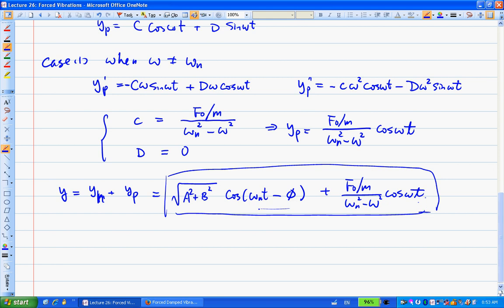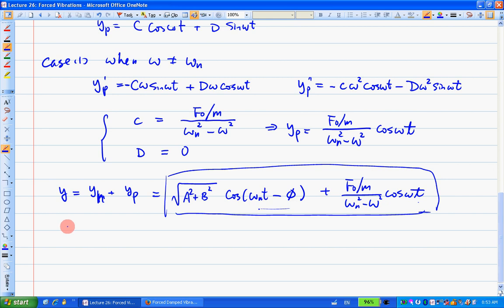Overall, you can imagine there are two sinusoidal signals adding to each other, and technically you get another sinusoidal signal, but it's not a regular one. Basically, it's something superimposed on another one. Now you look at this solution here.